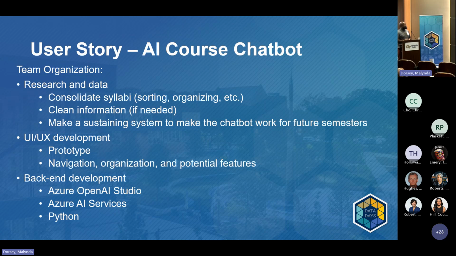We're looking at how do we set up a process where if you're a faculty and you want to opt into this, it can be as simple as uploading your syllabi and automatically provisioning a chatbot for your particular class. Because we do want to be sensitive and ethical as we approach this. So that team is looking at how do we consolidate syllabi? How do we tease out information in the syllabi?